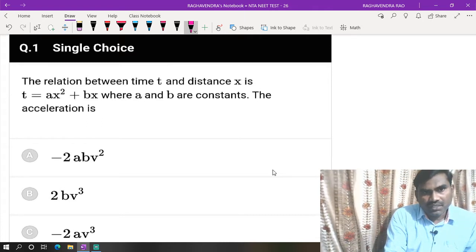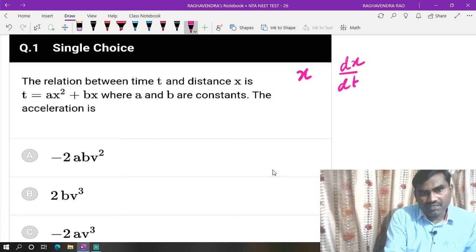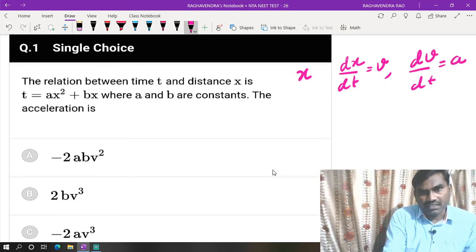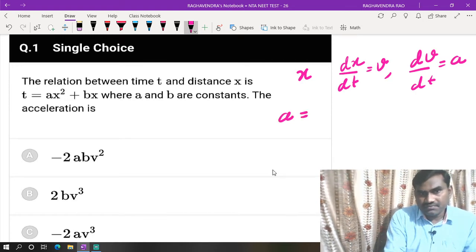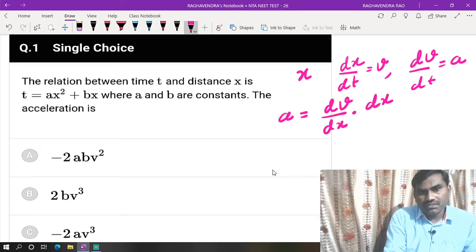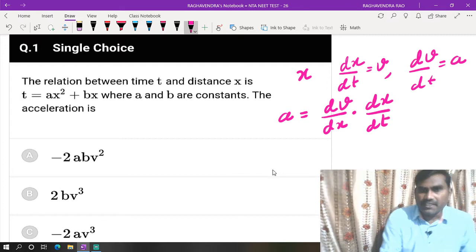By knowing displacement x, the first derivative of displacement will give velocity. The first derivative of velocity will give acceleration. But here acceleration we can write as dv by dx into dx by dt.